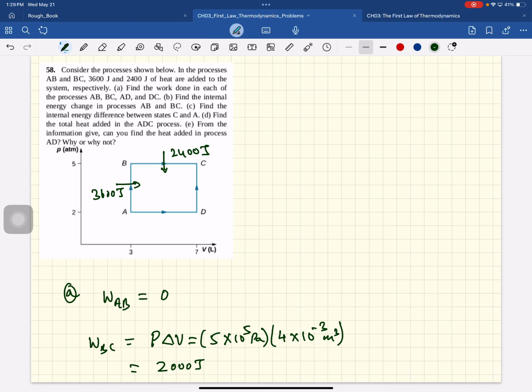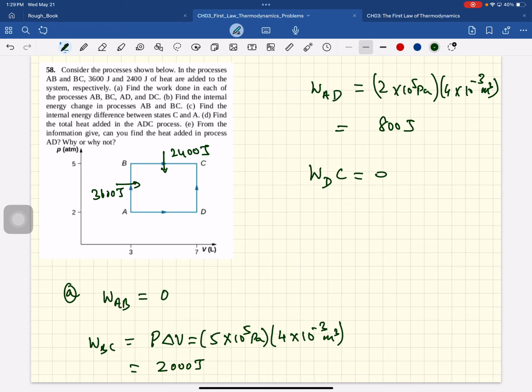What is the work done during AD? It's 2 into 10 to the 5 pascals times 4 into 10 to the minus 3 meter cube. 800 joules. And work done during DC is 0.